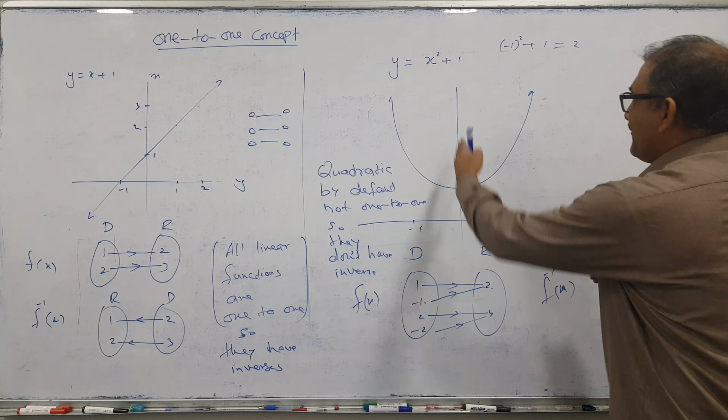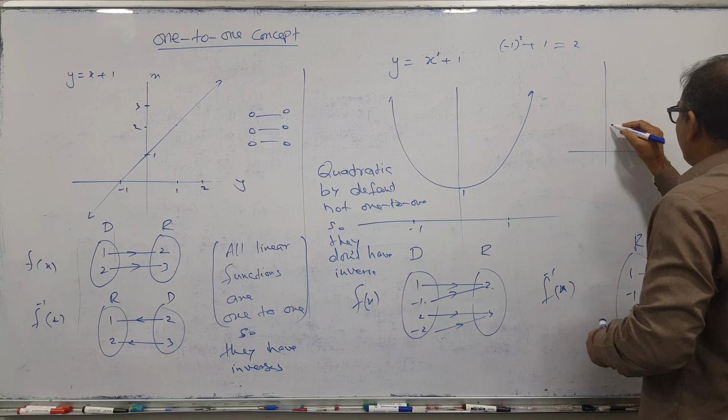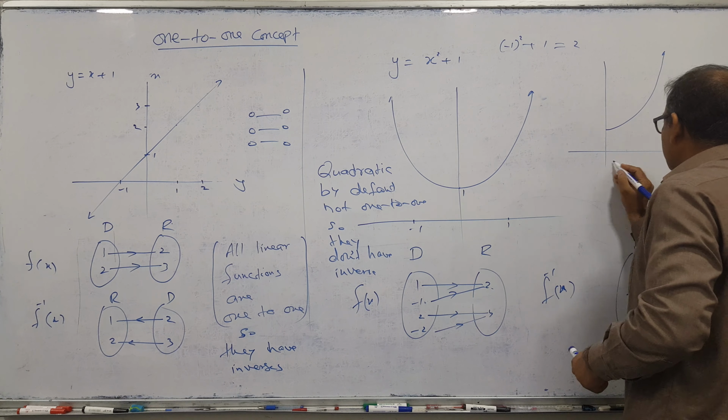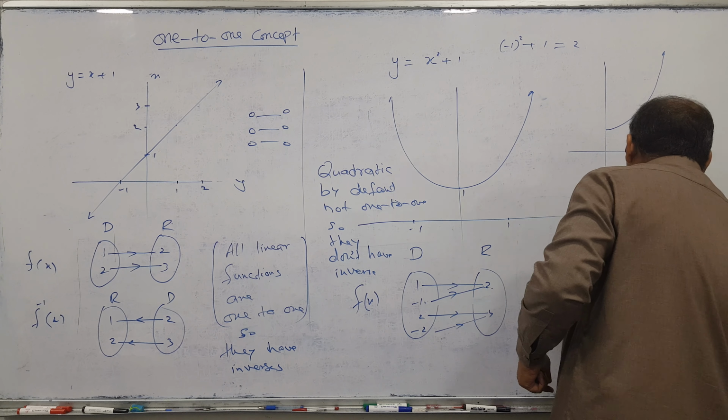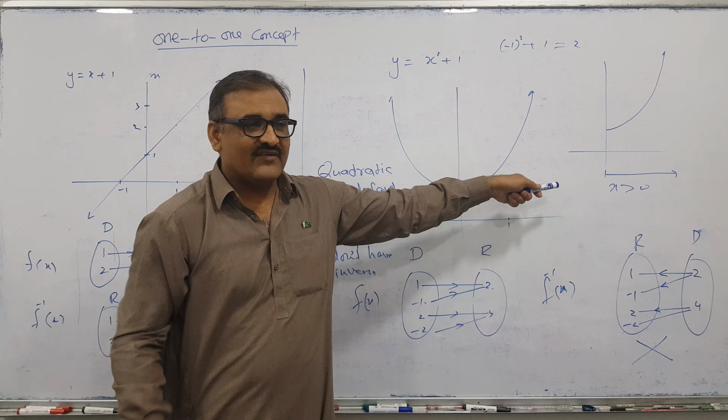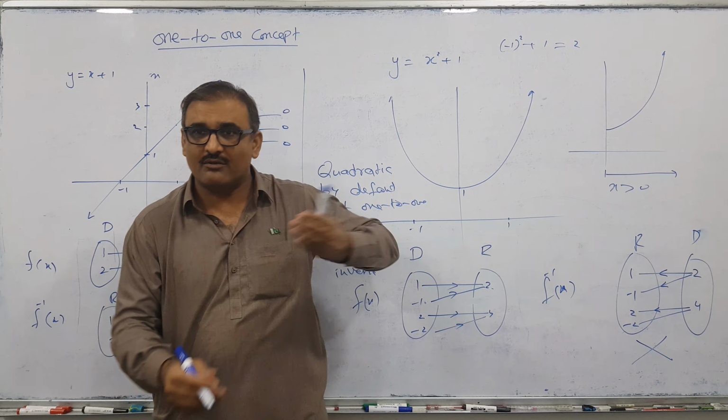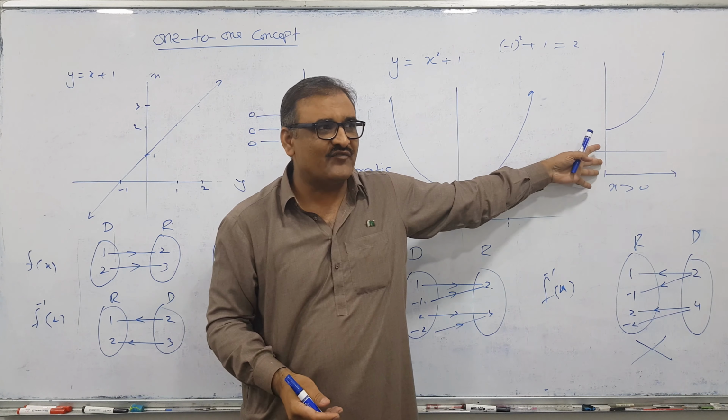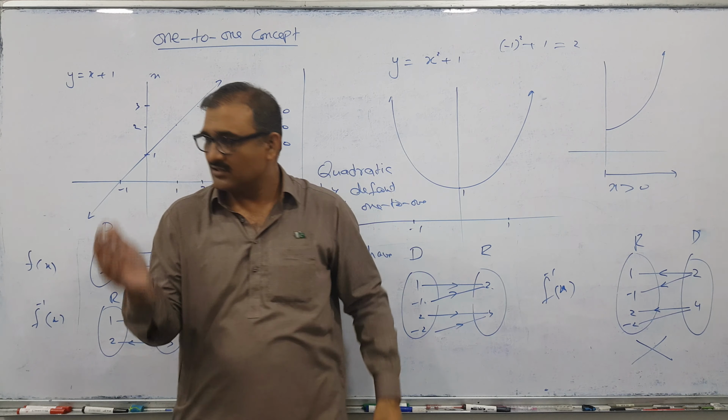I'll give you an example. If I take this curve, let's see what happens. If x is bigger than 0, if I draw my graph starting from 0 and moving forward, is it a one-to-one function? Yes, it's a one-to-one function. How come, sir? Look here.